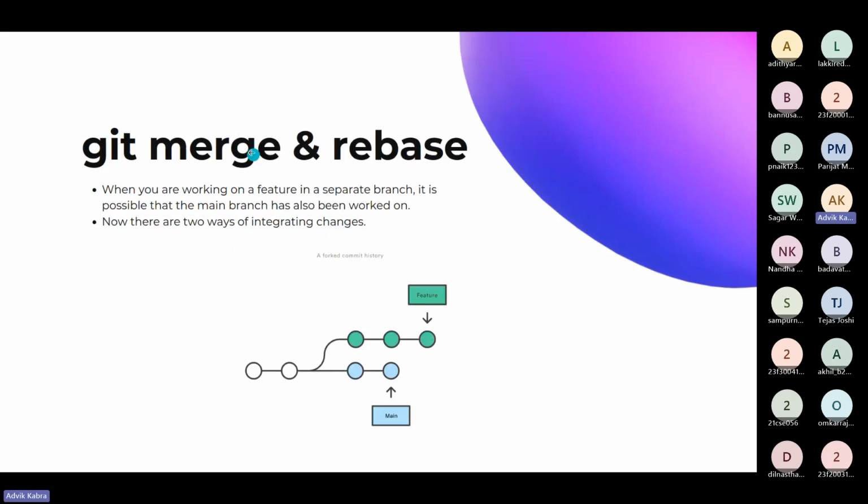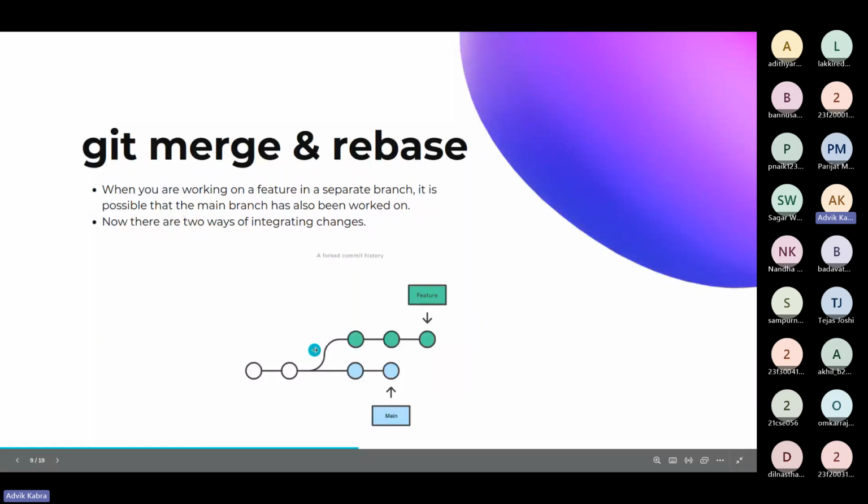Then you'll be running into a merge conflict, right? Where say one guy has changed one file, you've changed the same file, same place. So now you have to decide what to keep, what to remove. Now you'll be doing a git merge or a git rebase. But this is a kind of complicated topic. People are scared of this. But yeah, I'll just give you an example using this flowchart.